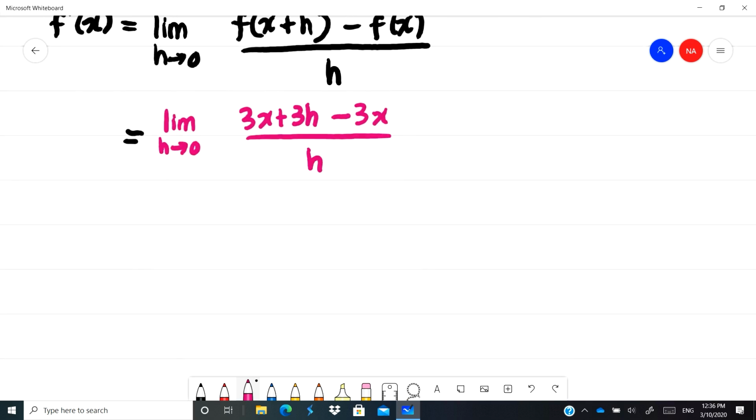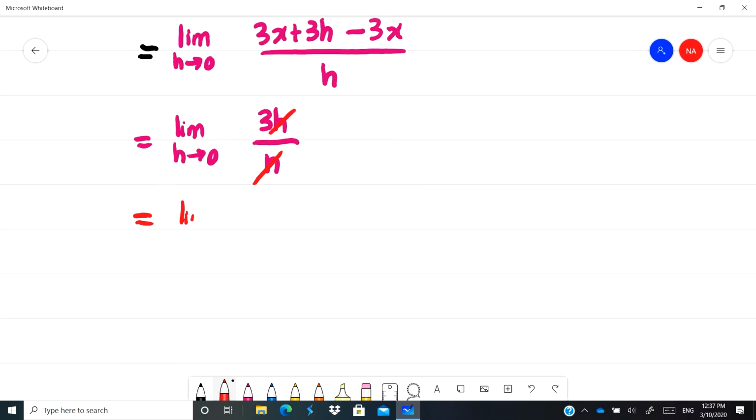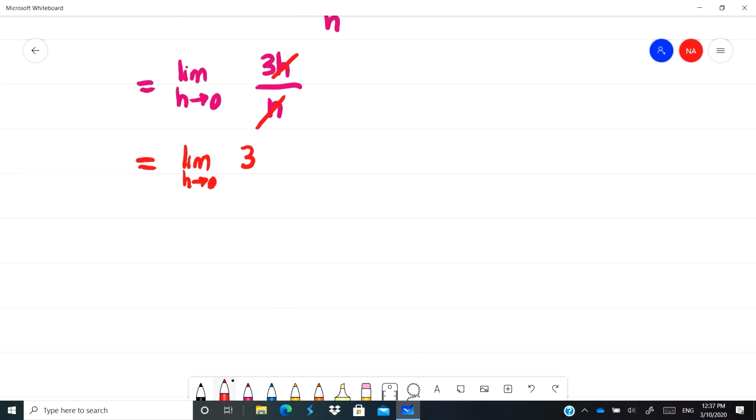So now we have limit as h approaching 0. Take note that we can cancel this 3x with 3x, we're just left with 3h over h, and then we can cancel this h. You'll have your final answer: limit as h approaching 0 of 3. But do you have the variable h to be substituted with 0?